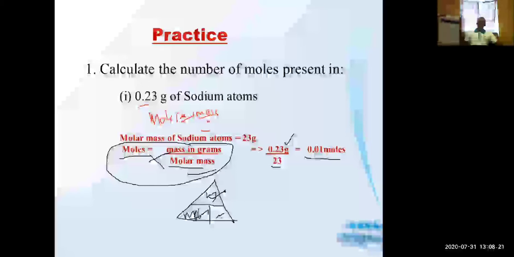Mass is equal to molar mass times moles. Then moles is equal to mass over molar mass, or molar mass is equal to mass over the moles.